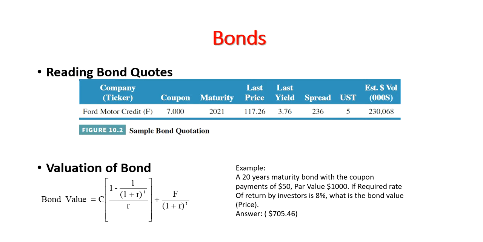It's 7%. It means for $1,000 par value, you have a $70 coupon annually. Okay, and what's the maturity? 2021.